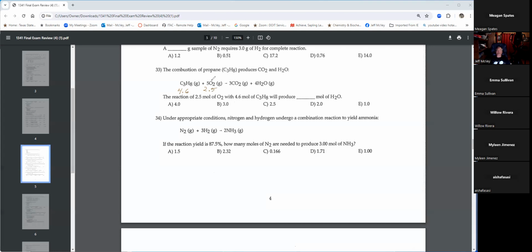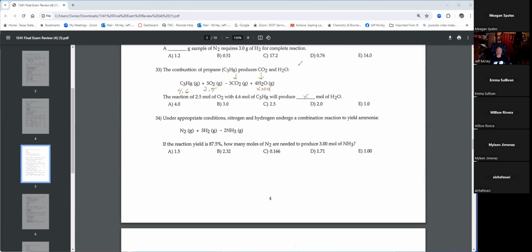It's a combustion reaction. It's also a redox reaction, and a combustion reaction of a hydrocarbon produces two products, carbon dioxide and water. And in this case, I'm looking for moles of water.